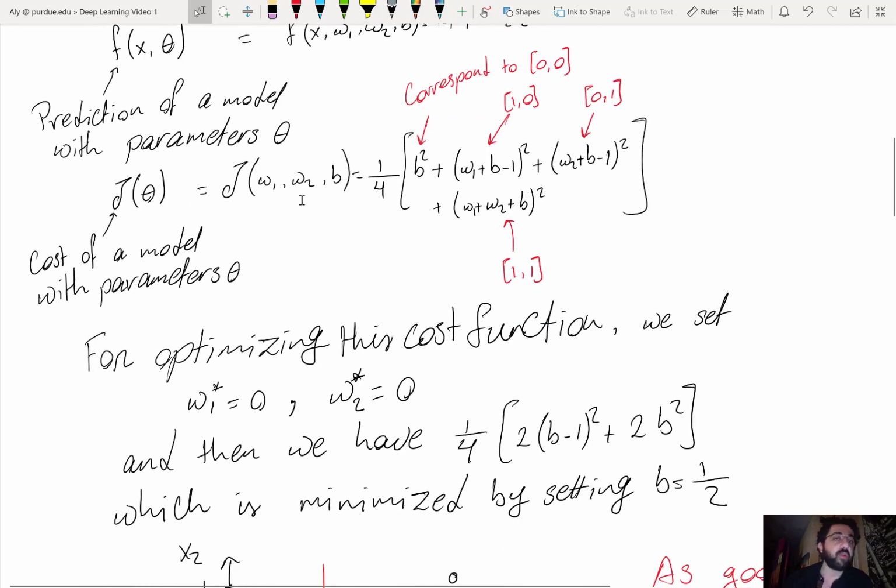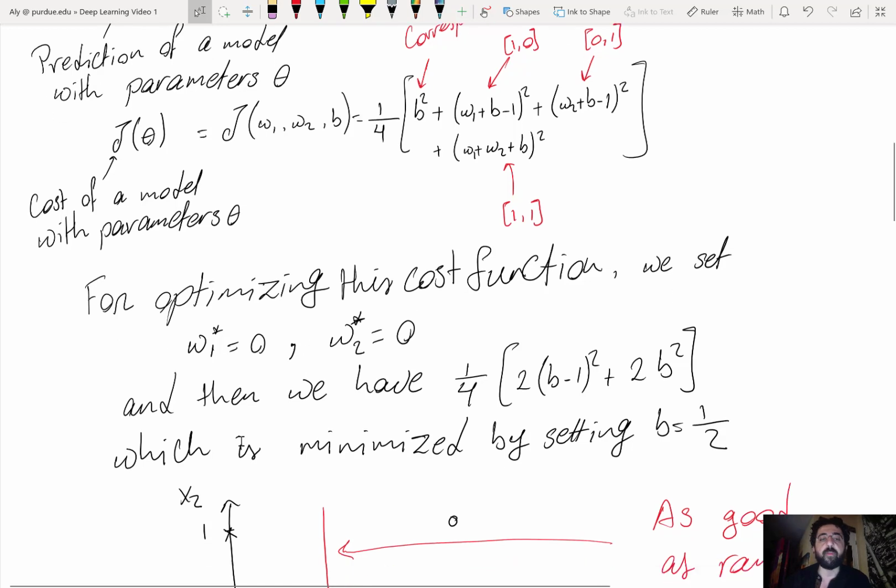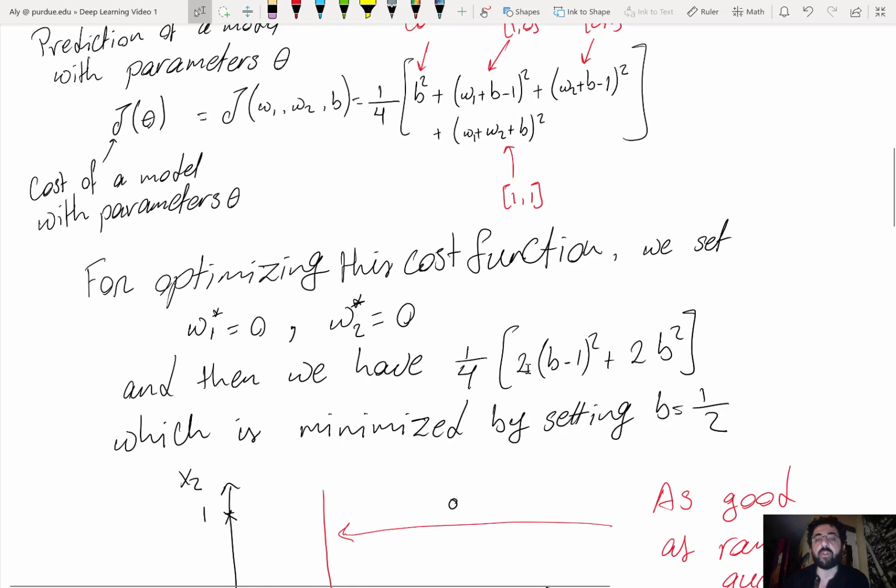Now if I were to choose w1, w2 and b to minimize that cost function, then the optimal solution will have w1 star equals 0, w2 star equals 0, and then we will end up having 1 over 4 times 2 times (b minus 1) squared plus 2b squared.